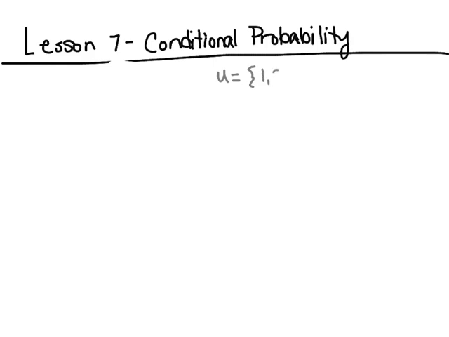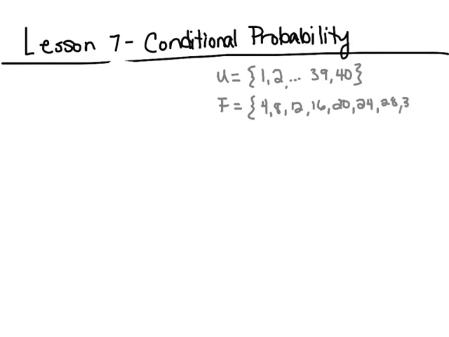So that'd be 1, 2, ... 39, 40. Then we have all the multiples of 4. That'd be 4, 8, 12, 16, 20, 24, 28, 32, 36, and 40.